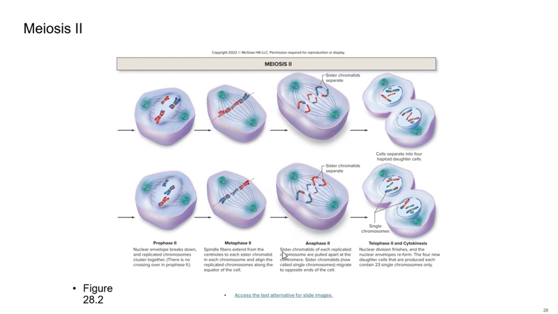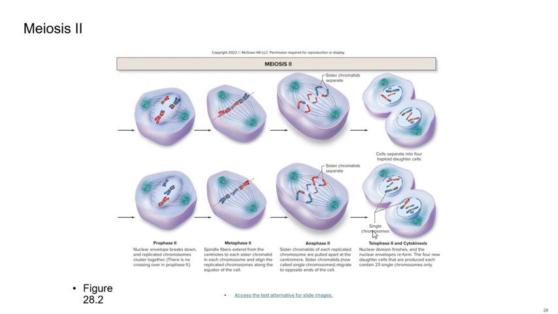So you can look here in the description of this anaphase 2: sister chromatids of each replicated chromosome are pulled apart. Sister chromatids, now called single chromosomes, migrate to opposite poles. Okay, so again, you go from being a duplicated, replicated chromosome with 2 chromatids, pull the chromatids apart, and now you call it a chromosome. So notice here in the telophase and cytokinesis slide, we're calling these single chromosomes, right?